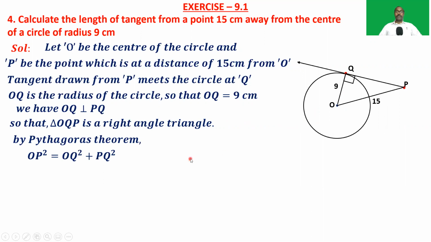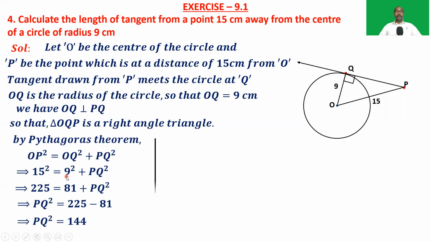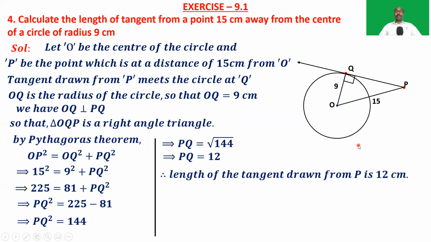That is, the square on the hypotenuse is equal to the sum of the squares on the remaining two sides. So now substitute the values of OP and OQ. From this we get PQ is equal to root 144, which is equal to 12. So the length of the tangent drawn from P is 12 centimeters.